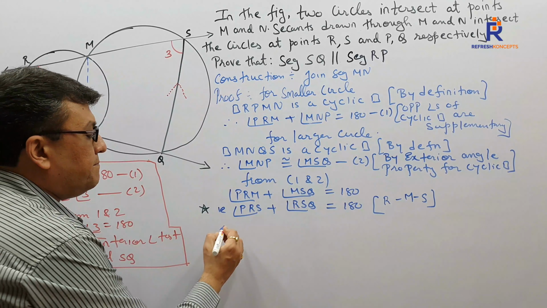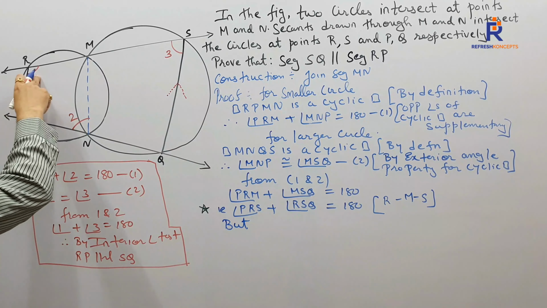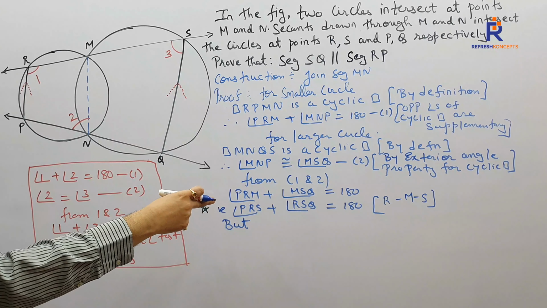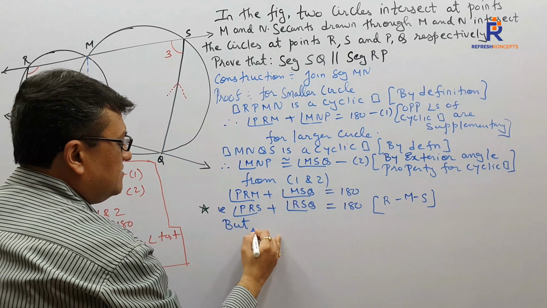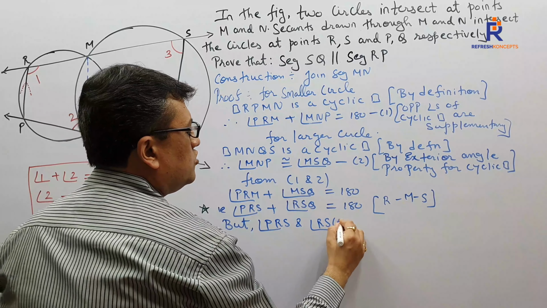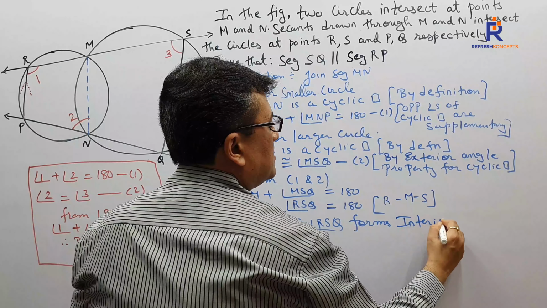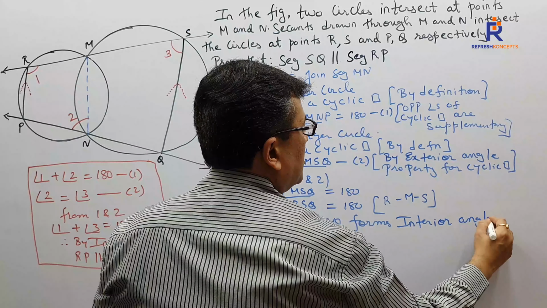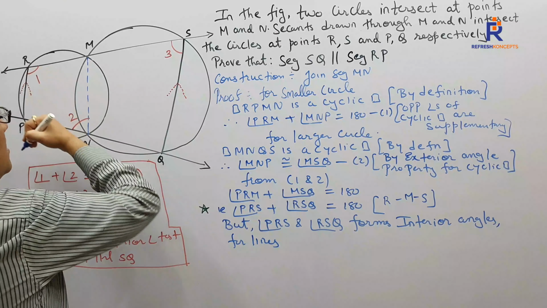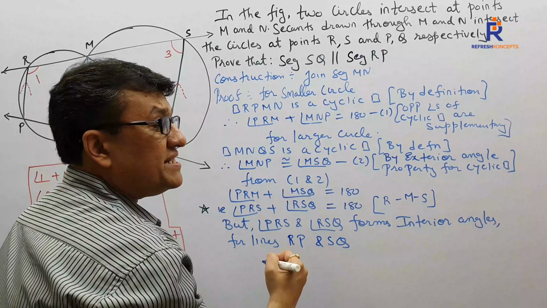Now you have to say, but what type of angles do angle PRS and angle RSQ form? Angle PRS and angle RSQ form interior angles. For which lines? For lines RP and SQ. And what as a transversal?